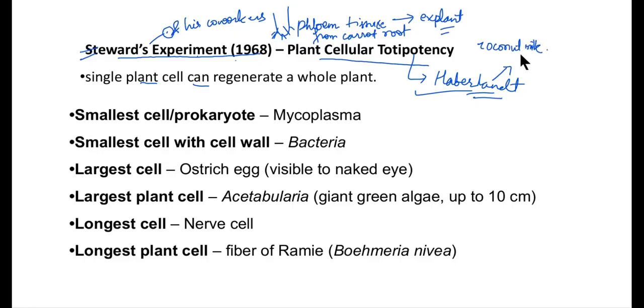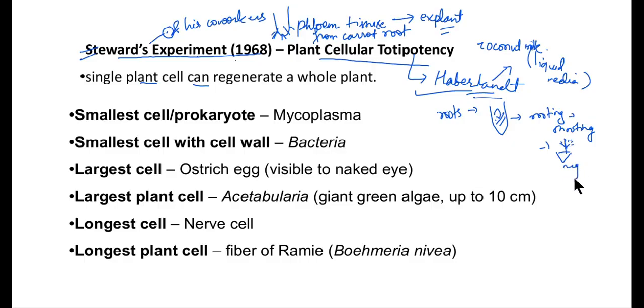as his liquid medium for providing the required hormones and supplements needed for growth. The root phloem tissue was kept in the semi-solid medium, and first rooting appeared, then shooting appeared, and eventually a whole carrot plant was able to regenerate.